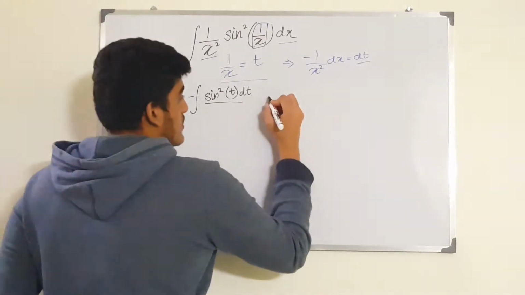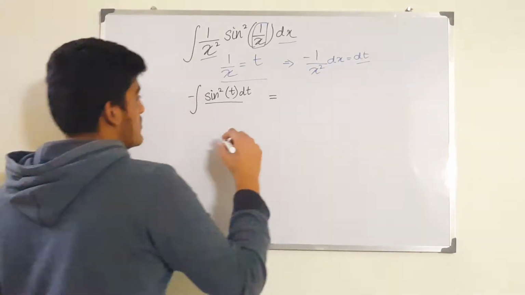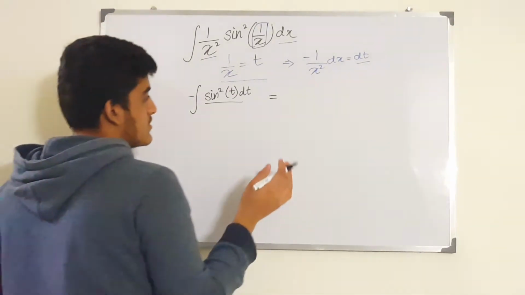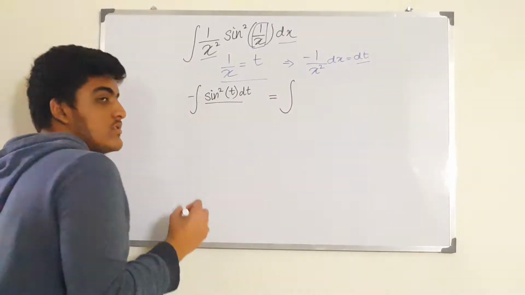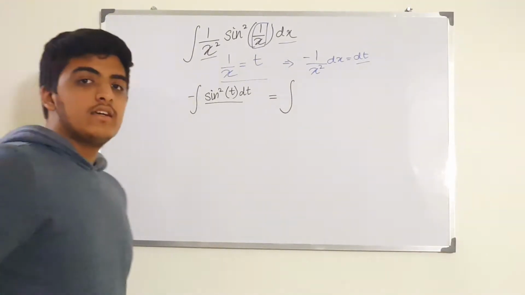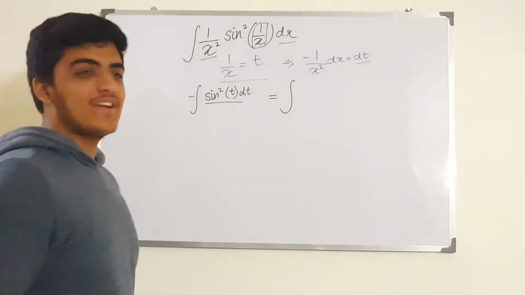Now I'm going to use basic trigonometrical concepts to change sine squared in terms of cos. Sine square of a variable, say t in this case, is 1 minus cos 2t divided by 2.